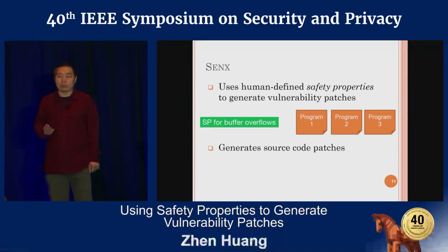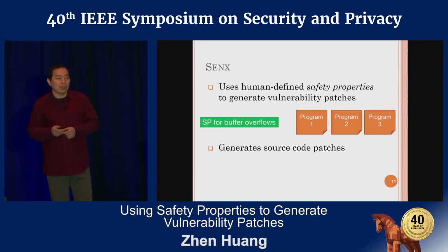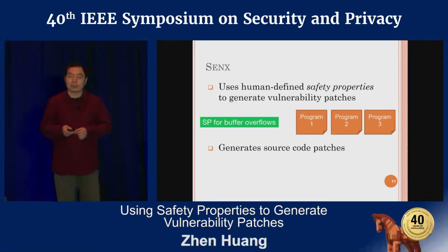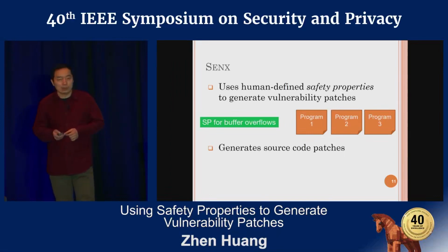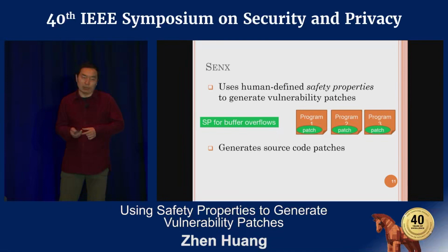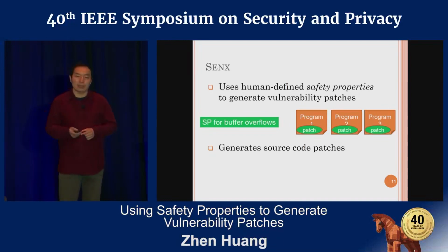We propose an approach called SYNCs that uses human-defined safety properties to generate vulnerability patches. A safety property is designed specifically for one type of vulnerabilities. For example, given a safety property for buffer overflows, SYNCs can generate patches for buffer overflows in many different target programs. SYNCs generates source code patches that can be easily adopted by developers.